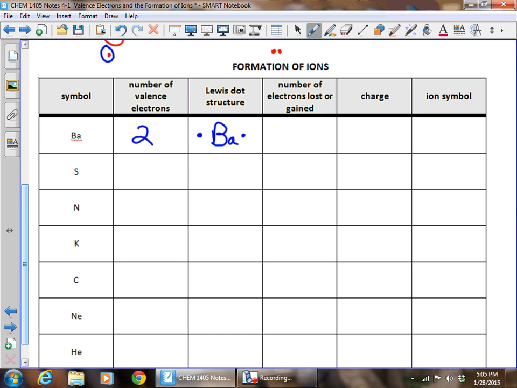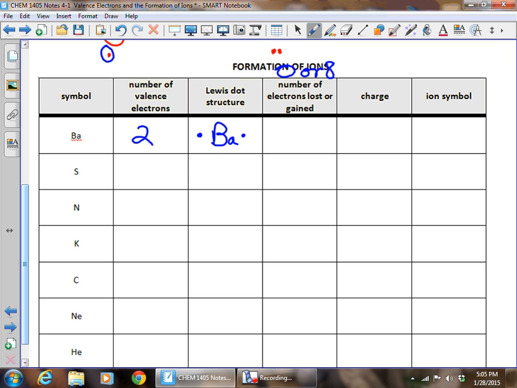And we can either do that by losing the valence electrons completely or by gaining enough valence electrons to have 8, our s2p6. Because if we lose the valence electrons, thinking about it, the shell below it would then be full. So basically what we want to do is get to either 0 or 8, whichever is the easiest.